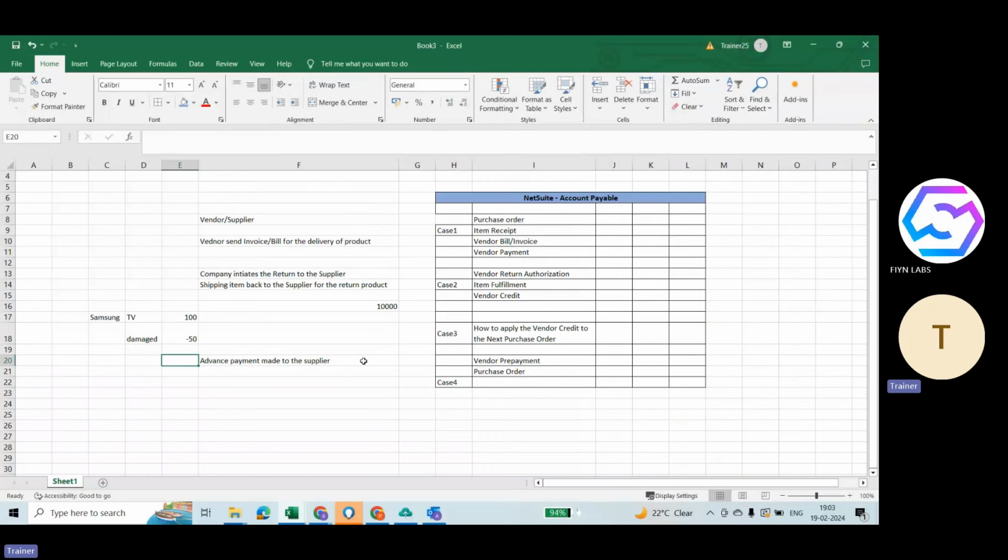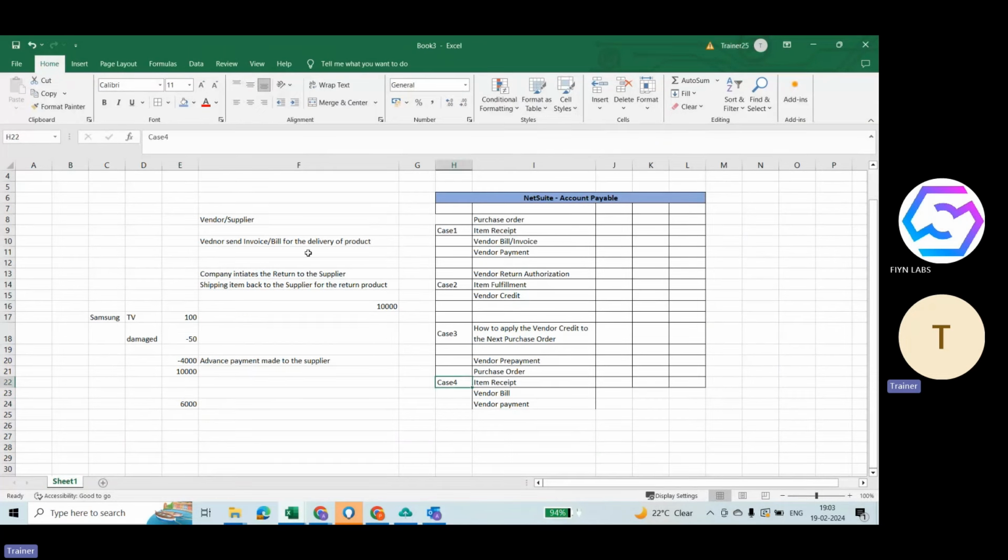For example, let's suppose the total purchase order price is $10,000, and I am paying $4,000 as an advance. Once the product is ready, I will be receiving the product and the supplier will be sending me the invoice, just like I explained in case scenario one. Now you will be making the payment to the supplier, but you will not be paying the full $10,000. In the general case, we will be paying the remaining $6,000.